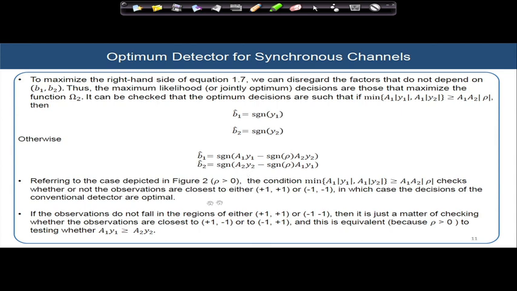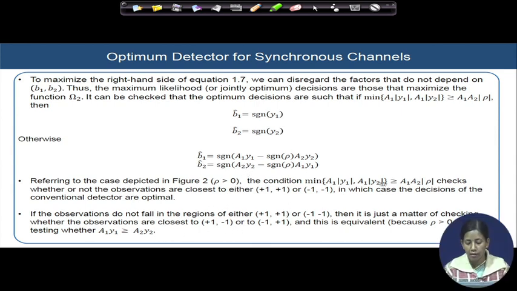Graphically, finding whether this is greater than this means you are trying to find whether the observations are close to these two regions or not. Otherwise, if they do not fall into this region, then you are trying to find out which one is greater than which one. So, these are the fundamentals of the optimal detector.